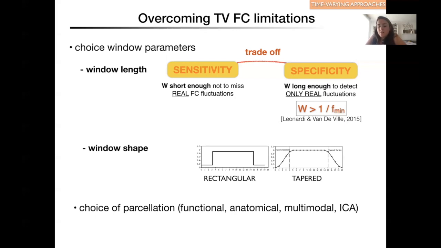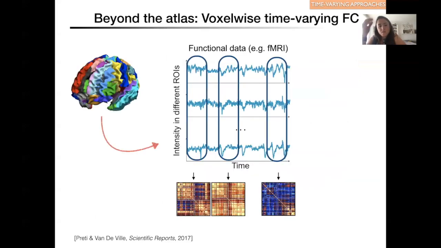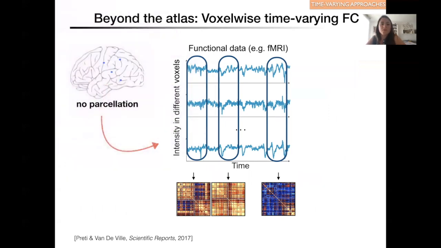On this topic, there is some effort in literature, and also what I focused on some years ago was trying to retrieve dynamic functional connectivity without using a parcellation. So going beyond the atlas and investigating dynamic functional connectivity voxel-wise.